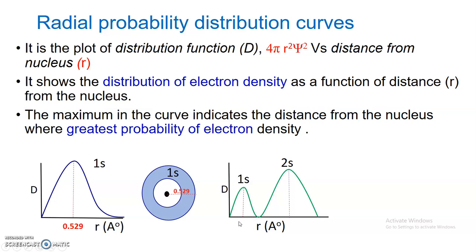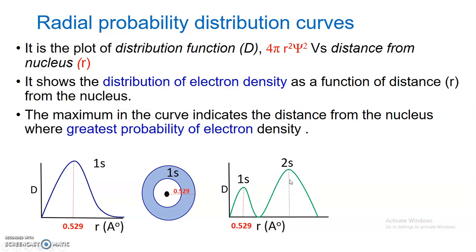The first maximum is where the electron density or probability of finding an electron is maximum at 0.529 angstrom, and this corresponds to the radius of 1s orbital.